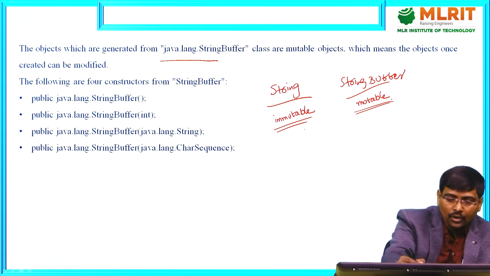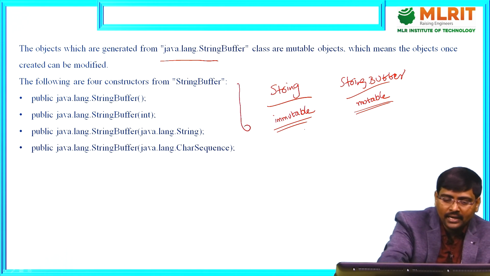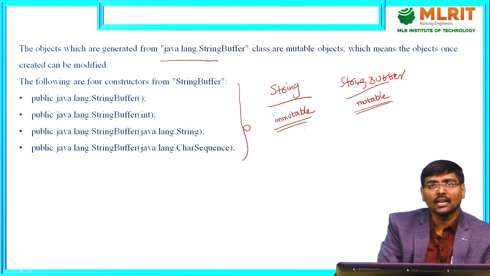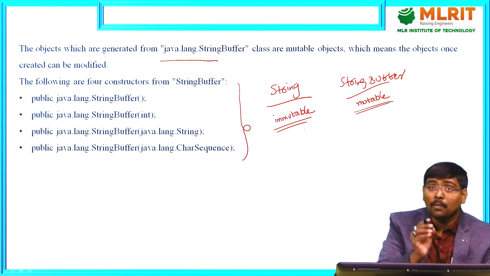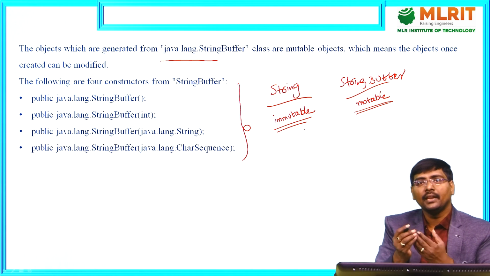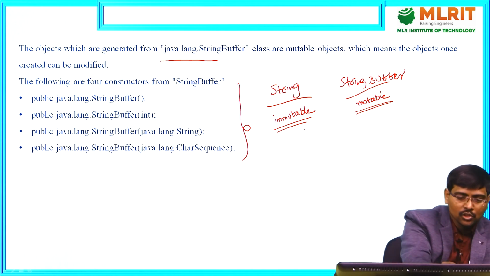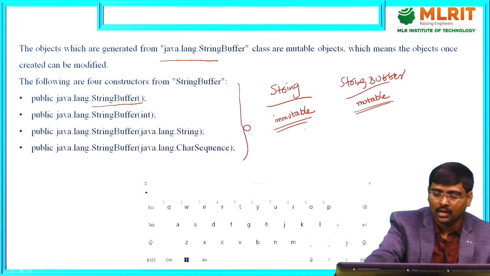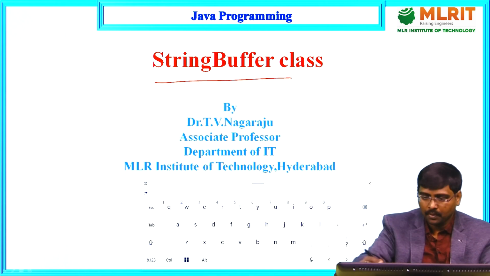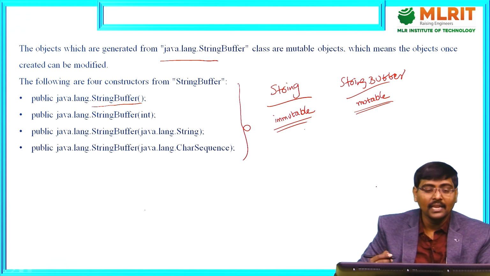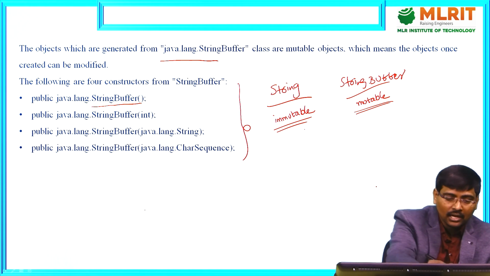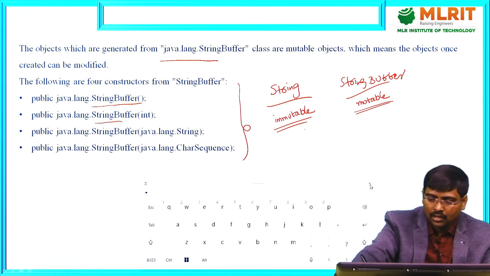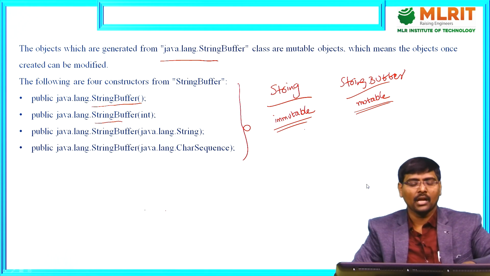Now, we have four different types of constructors available in the StringBuffer class for creating a string object. First one is StringBuffer without any parameter. Second one, StringBuffer with one integer parameter.